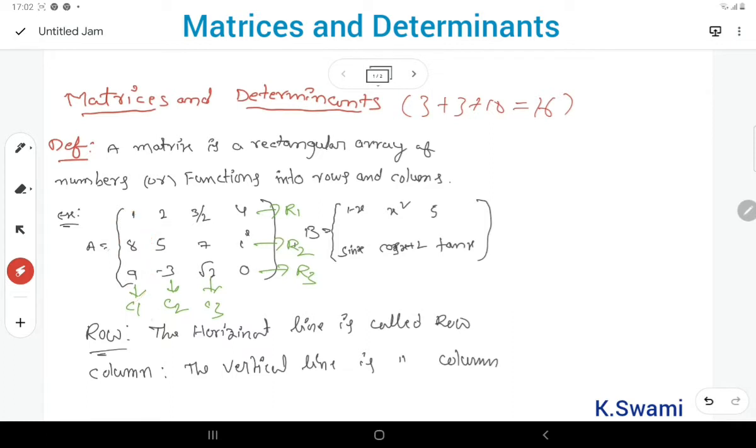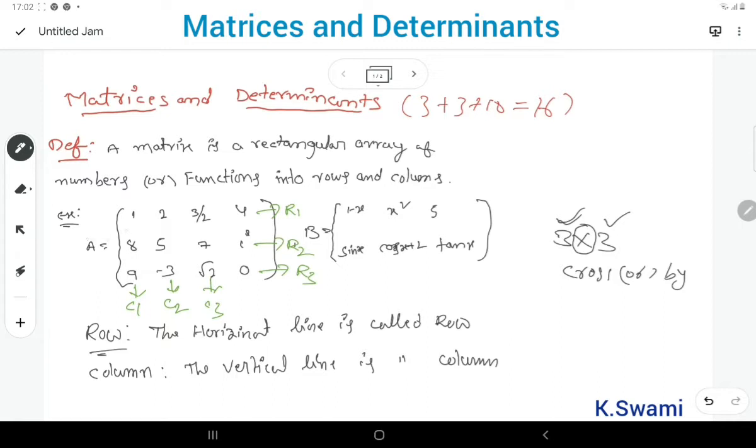So for example, this is a 3 by 3 matrix. 3 by 3 means order 3 cross 3. Cross or by. The number of rows into number of columns is called the order of the matrix.